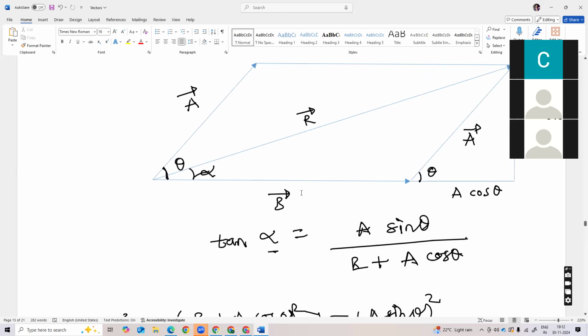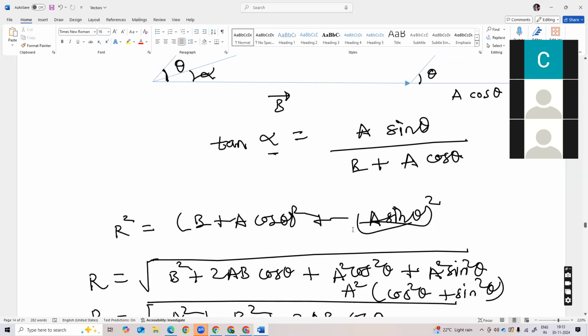Whereas if you have to find the angle made by the resultant with the x-axis, you can again use the formula: magnitude of A into sine theta divided by B plus A cos theta.